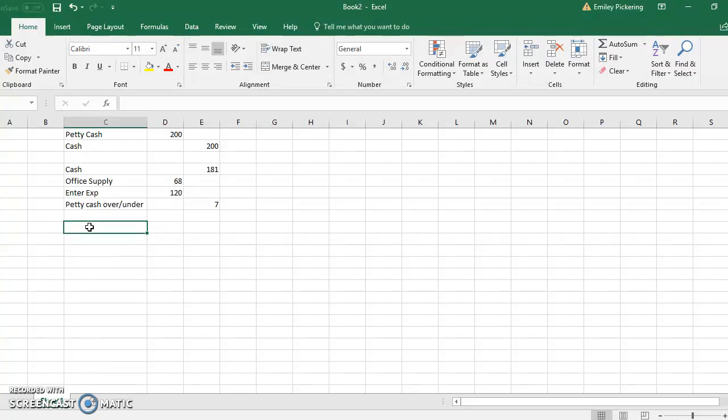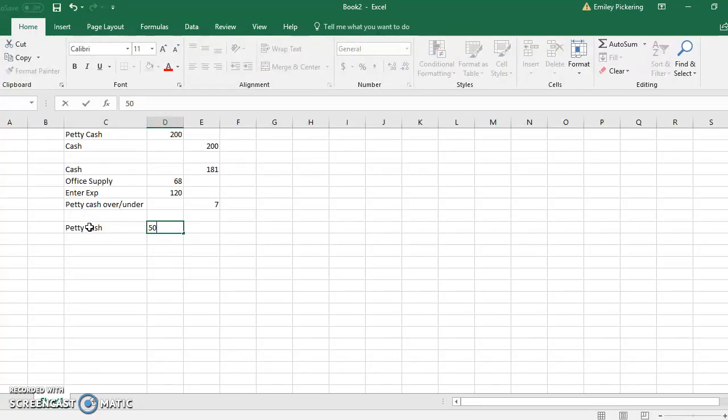Again, the only time you use petty cash accounts is when you are establishing a petty cash account or when you are increasing or decreasing it. So I'm going to increase it by $50. Now I have 250 in my petty cash, 200 here and 50 here.